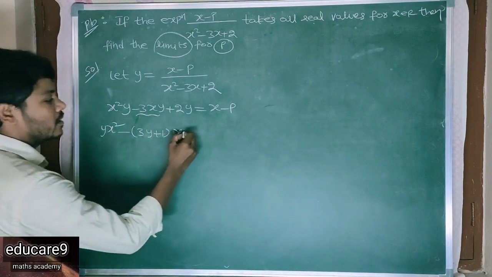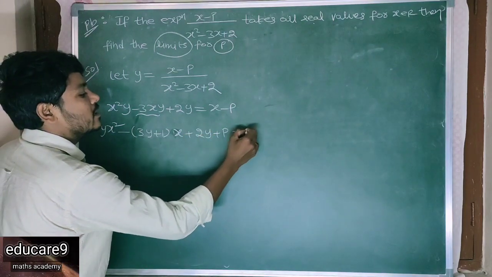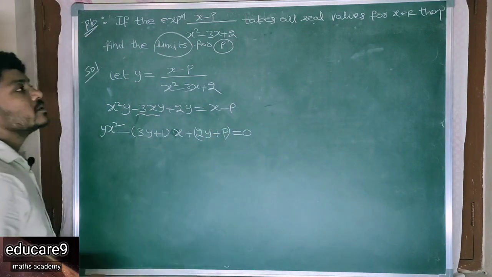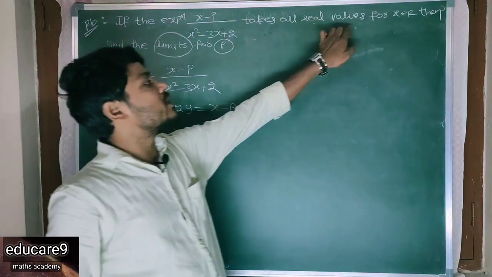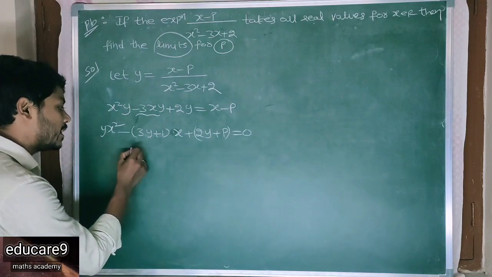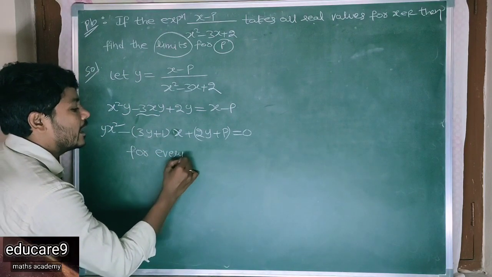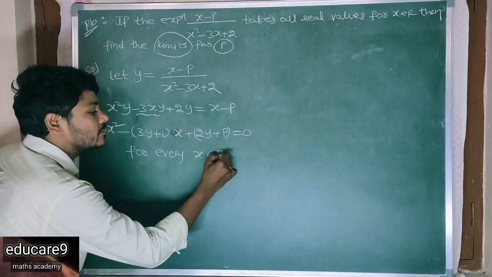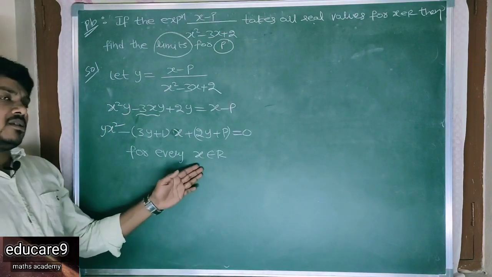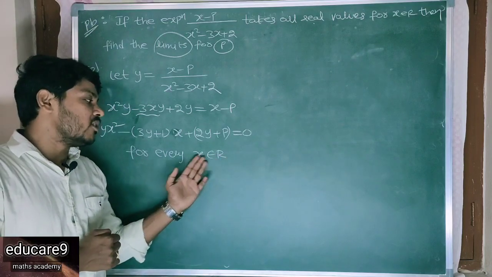So next one, plus 2y plus p is equal to 0. Given here x belongs to R, means x values are real. So for every x belongs to R, what are the x values? Domain values or roots. Roots are real.